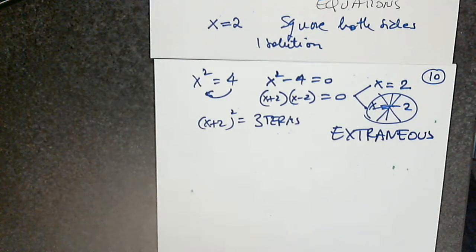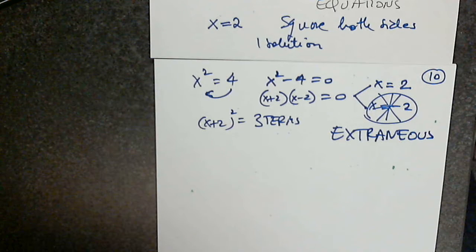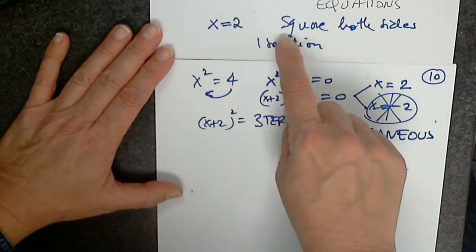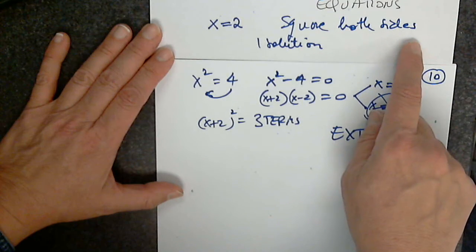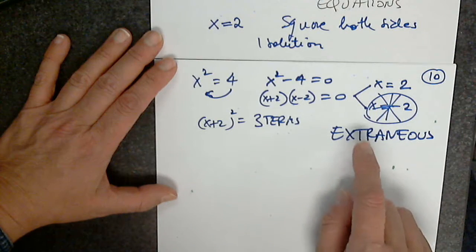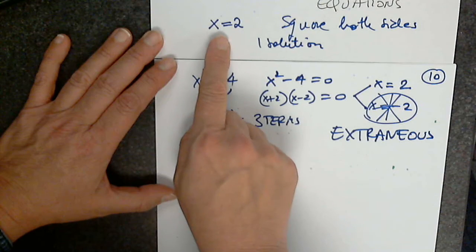So here's the question. If I add 5 to both sides of an equation, will I change the solution? No. If I subtract 10 from both sides of an equation, will I change the solution? No. If I multiply both sides by 5, will I change the solution? No. When I divide both sides by 10, will I change the solution? No. But look what happens now. When I use this principle of squaring both sides or raising both sides to a power, I may end up having solutions that do not work in the original problem.